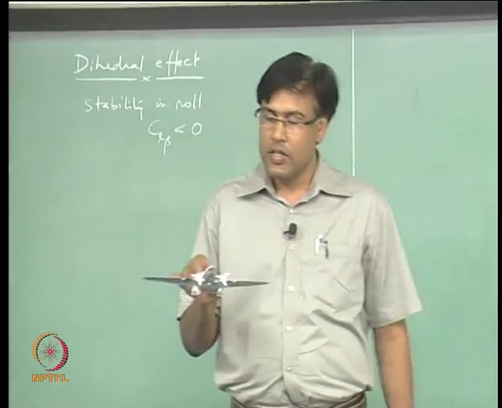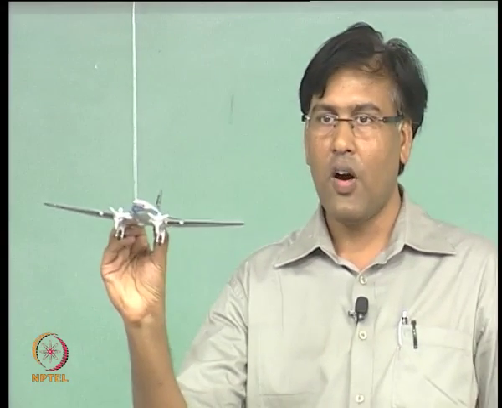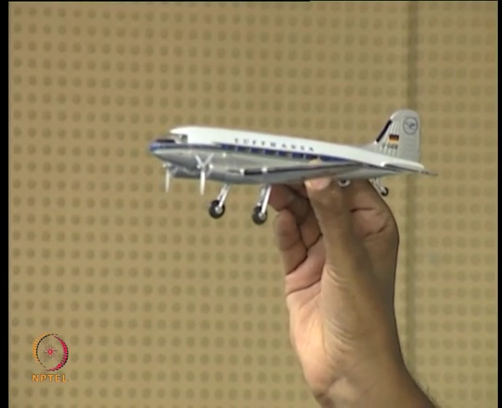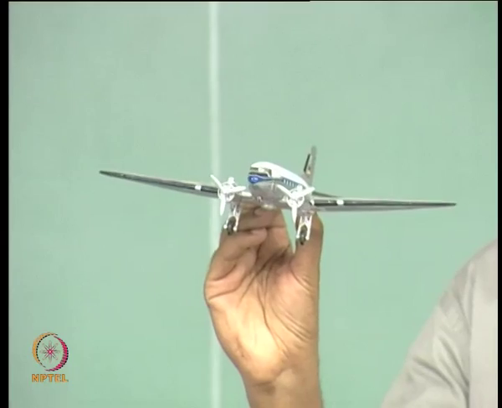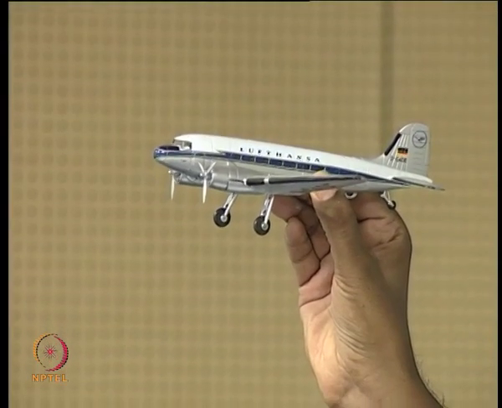So, you have this aircraft which is flying straight and level. So, it is going straight, only one velocity, forward velocity, bank angle is 0, no side slip. Now, let us say there is a roll upset.